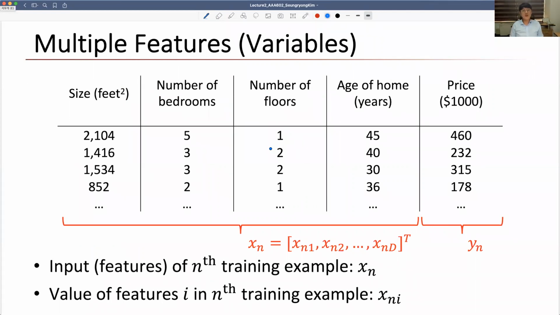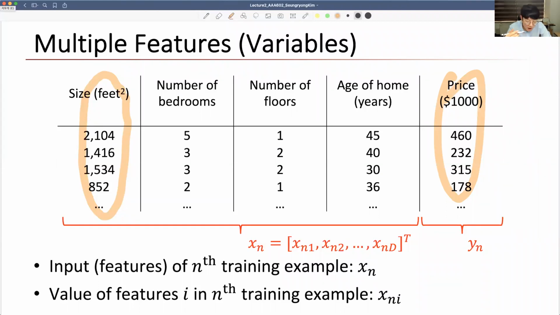So far, we've talked about the single feature case, right? Single feature or single variable means we are just considering scalar input and scalar output. But if you think about the house price prediction problem again, the price of the house does not only depend on the size of the house, right?